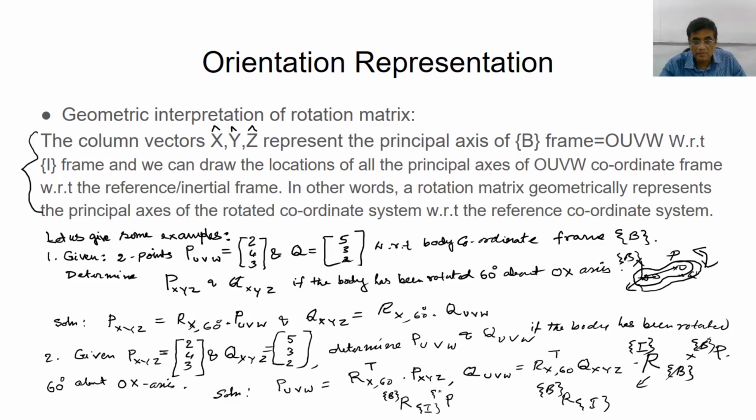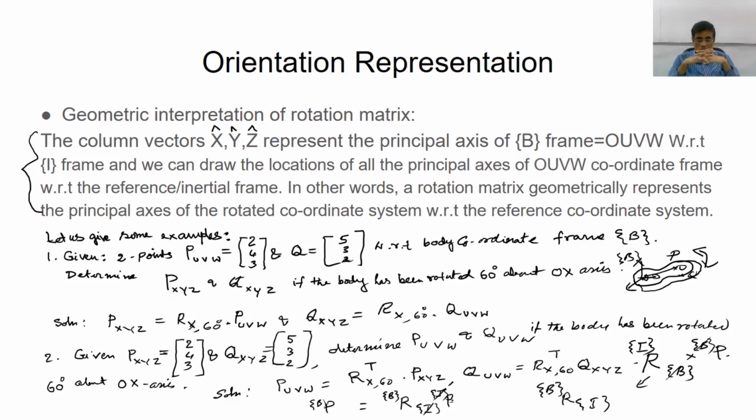P you have in the inertial coordinate frame, and what you need is the description of P with respect to the body coordinate frame. This cancels out, so P with respect to the body coordinate frame is obtained when you just multiply this with the transpose of the rotation matrix.